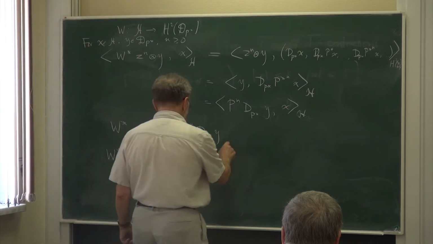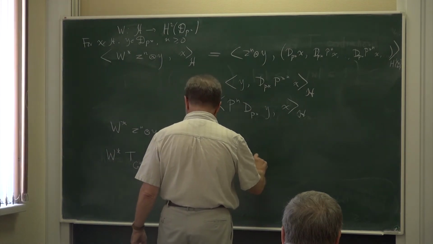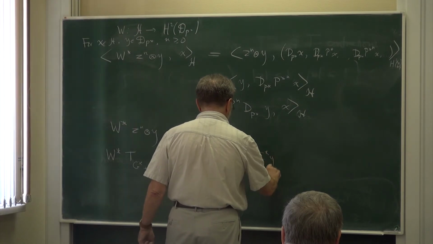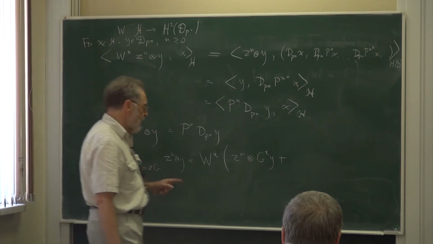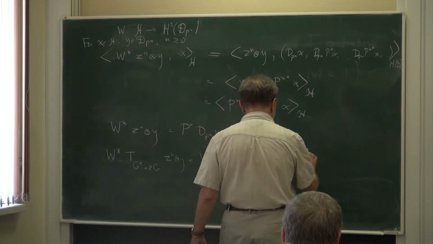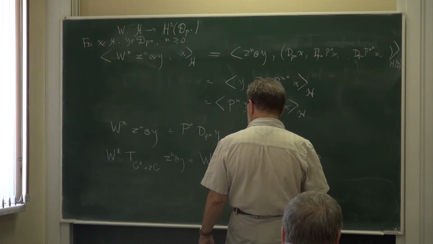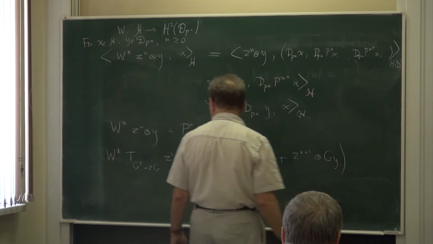You get Z^n tensor G* y from this one, and then from ZG you're going to get Z^(n+1) tensor G y.